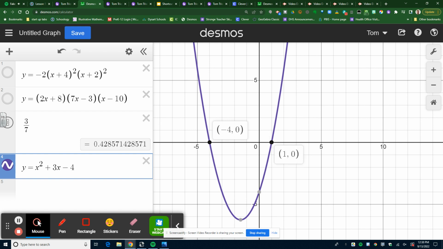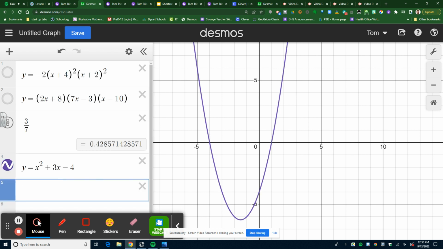Okay? So now we know what the intercepts are. I want you to rewrite this equation in factored form so it looks like these ones up here. Okay? So right below it, rewrite it in factored form.